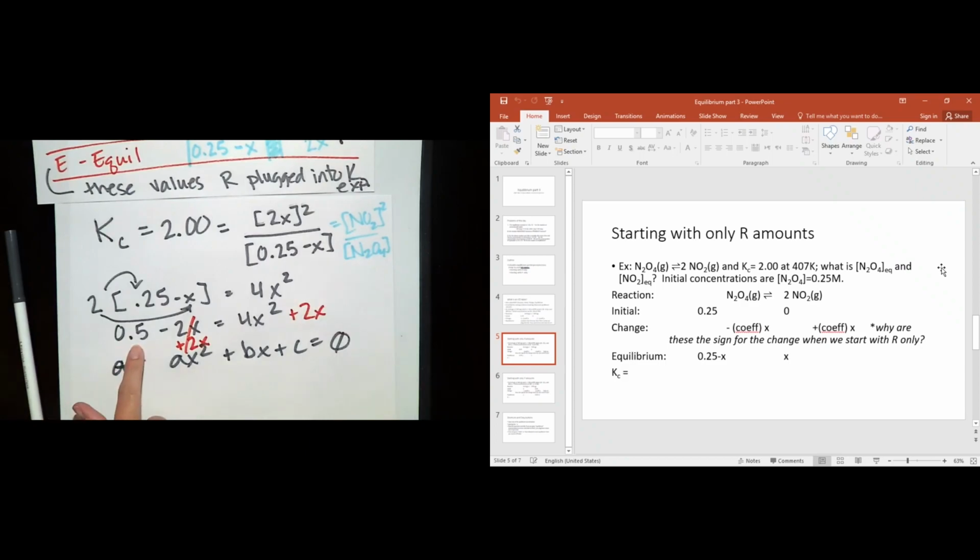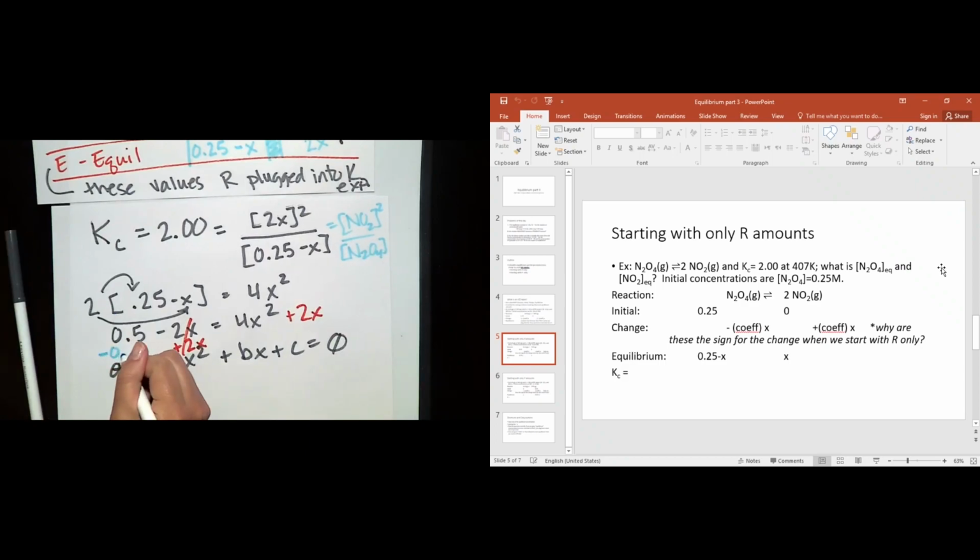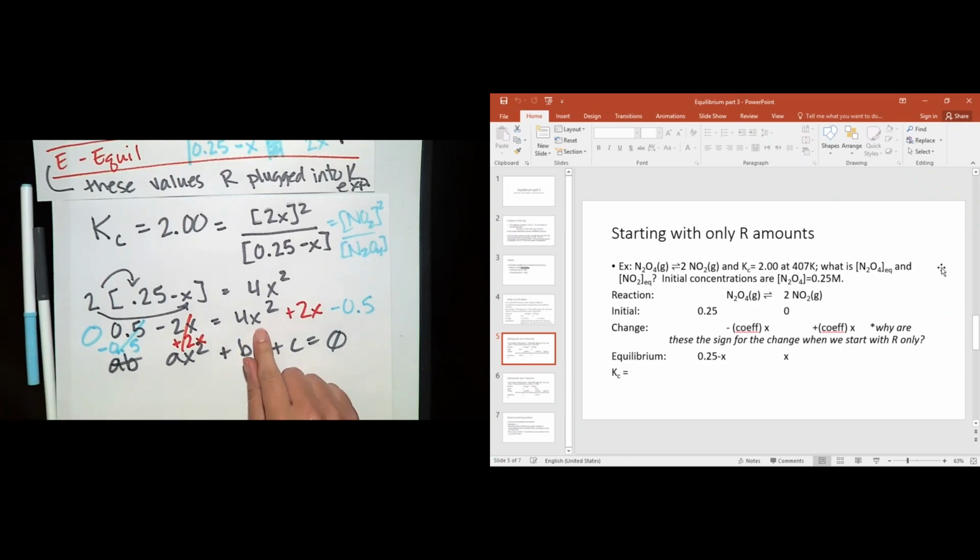And then I'm going to subtract the 0.5 to move that over. And that leaves 0 on one side of the equation and an x squared term, an x term, and then just a numerical value or constant. If you're in calculus, you'd call this the constant term.